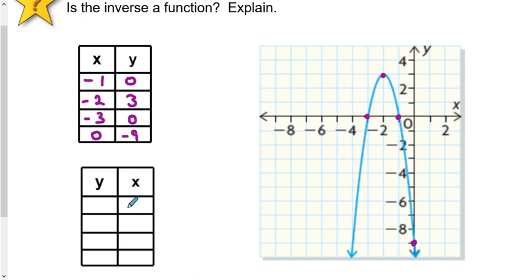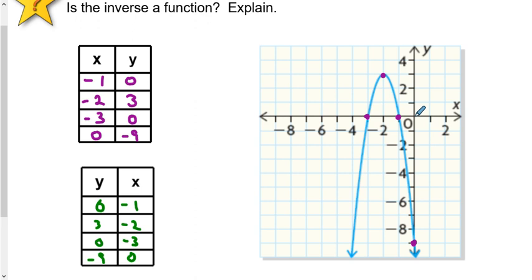Now if I want to find the inverse, I just need to flip the coordinates. Let's do that in green. So negative 1, 0 becomes 0, negative 1. Negative 2, 3 becomes 3, negative 2. 0, negative 9 becomes negative 9, 0. So let's see if I can plot this on here. I might not be able to find space for all these things, but I'm going to try.